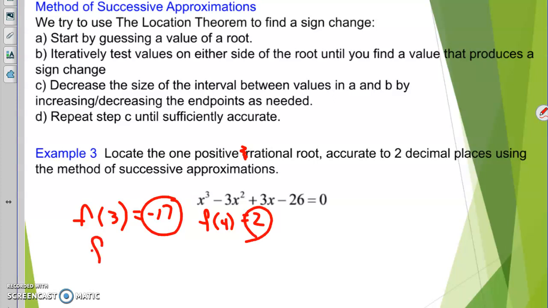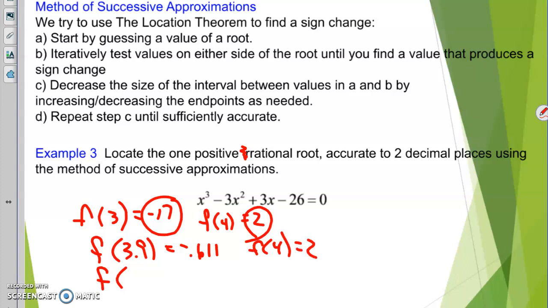And if I test f of 3.9, I get -0.61. And if I go f of, well, we know f of 4 is positive, right? That's still positive too, so it's between those two.